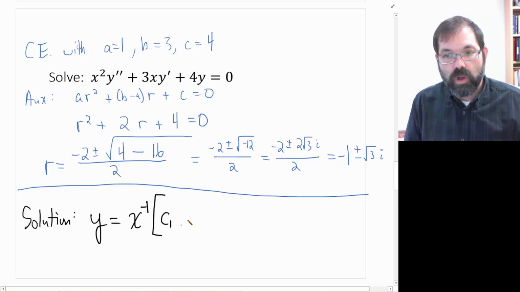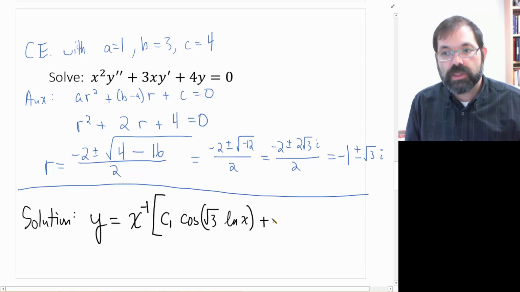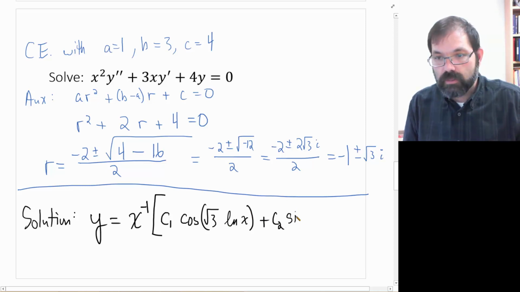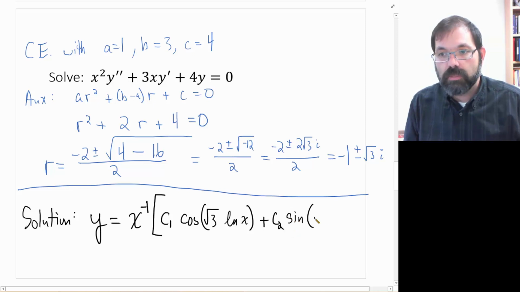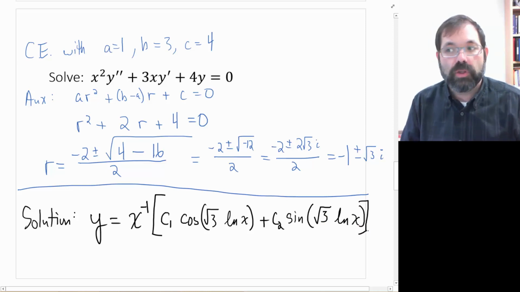Then I have c1 cosine of beta, root 3 natural log x, plus c2 sine of beta, again root 3 natural log x. And so there's the solution of that Cauchy Euler equation.